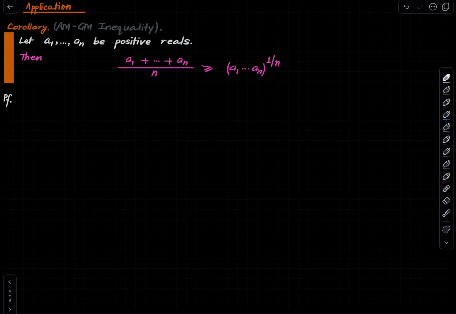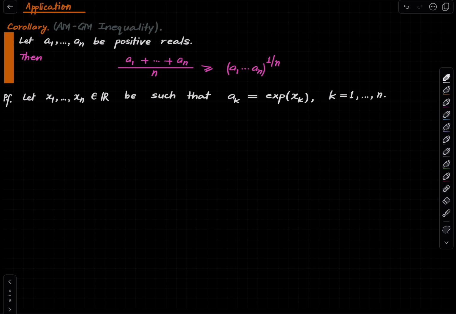Since each ai is positive, we can find real numbers x1 up to xn such that ak is the exponential of xk for each k. Because the exponential function is a bijection between reals and positive reals, every positive real can be expressed as the exponential of something, and not just something, a unique something, but that's not relevant here.